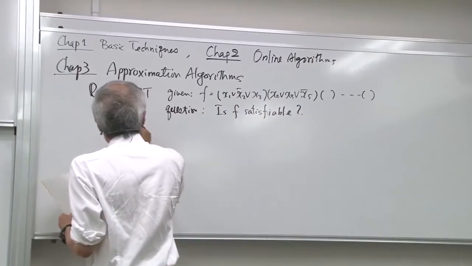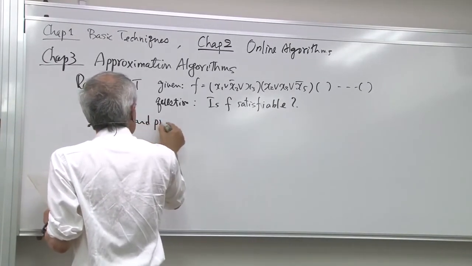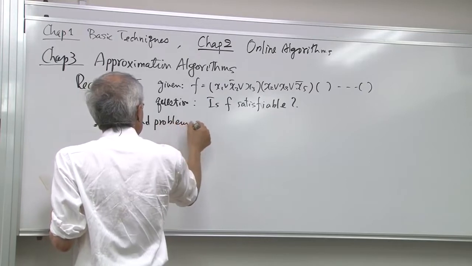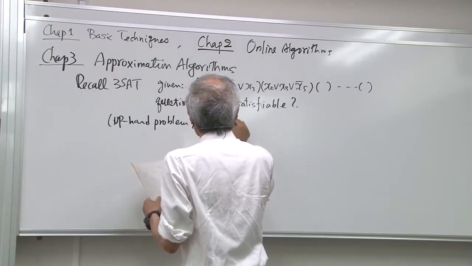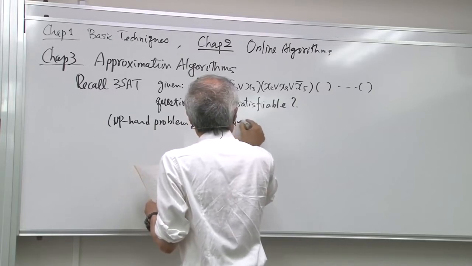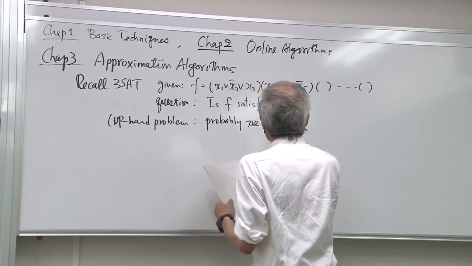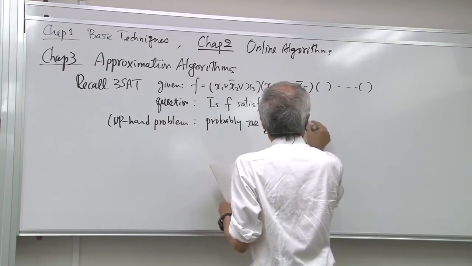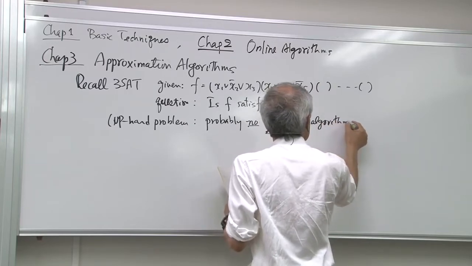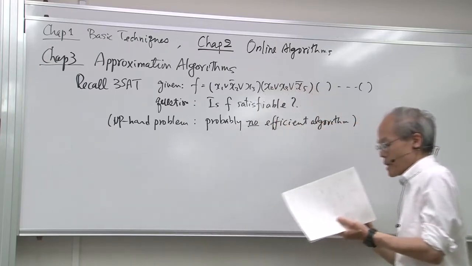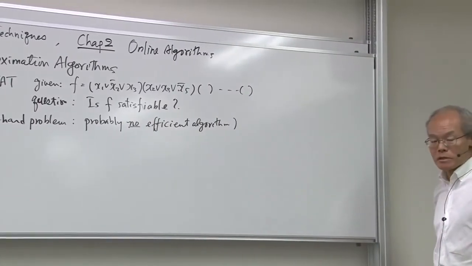And this is an NP-hard problem. Meaning probably we don't have polynomial time algorithms.